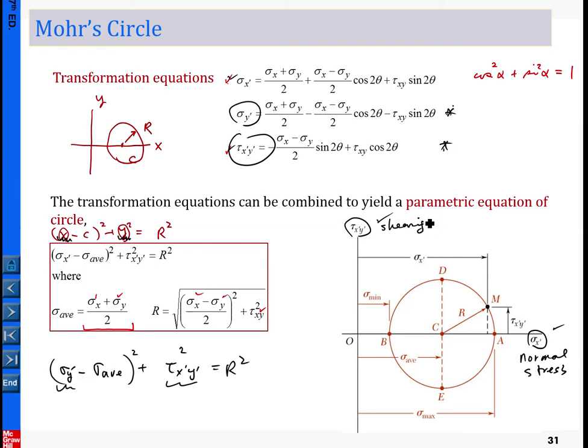So the circular equation is illustrated in a coordinate system defined by two axes: one is the normal stress axis, one is the shear stress axis. Such a circular equation describes a circle, and this circle is called the Mohr circle.